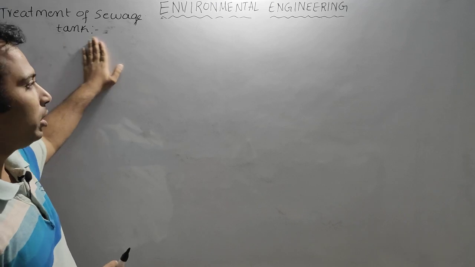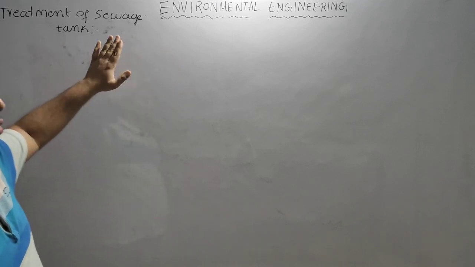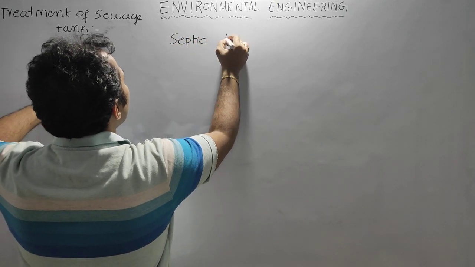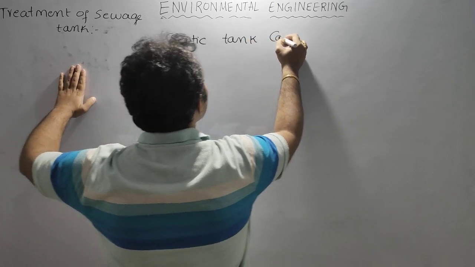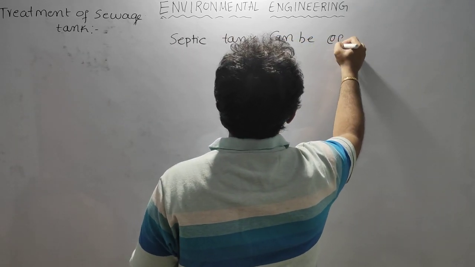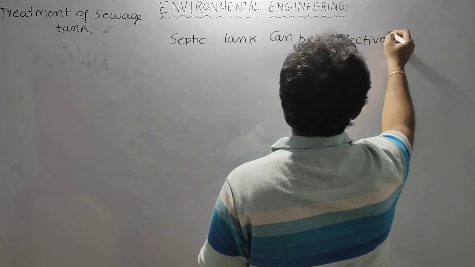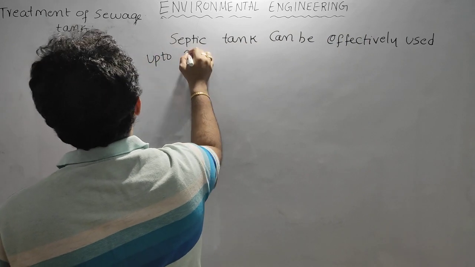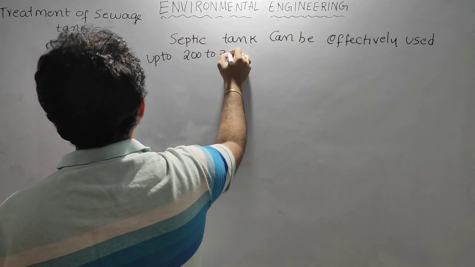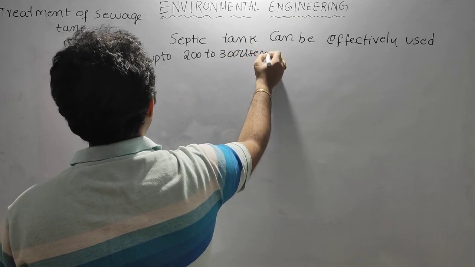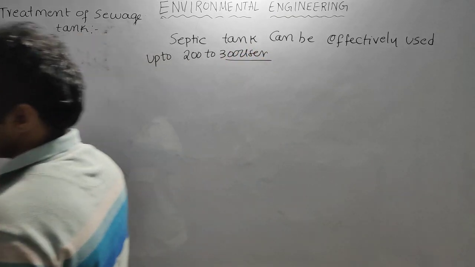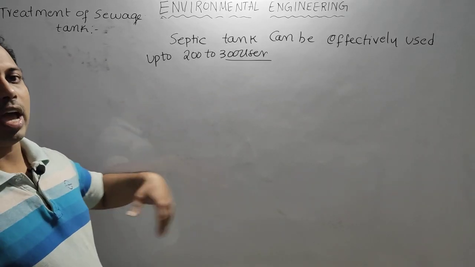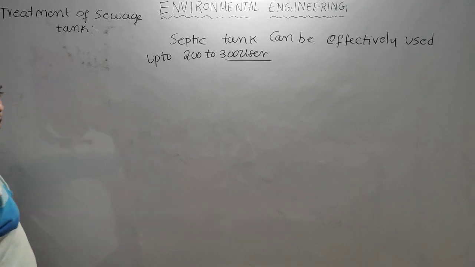Generally a septic tank can be effectively used for a number of users of 200 to 300. If the number of users is more than 300, the rate of flow increases, because of which the effluent may carry the solid sludge along with it.